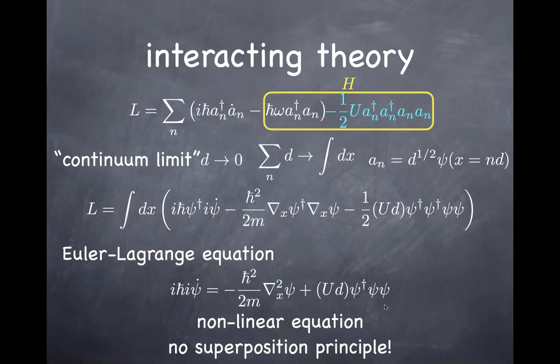The fact that the quantum field theory Lagrangian leads to a nonlinear Euler-Lagrange equation is the telltale sign that you cannot interpret psi as a wave function of the quantum mechanical Schrödinger equation. It's a different beast.